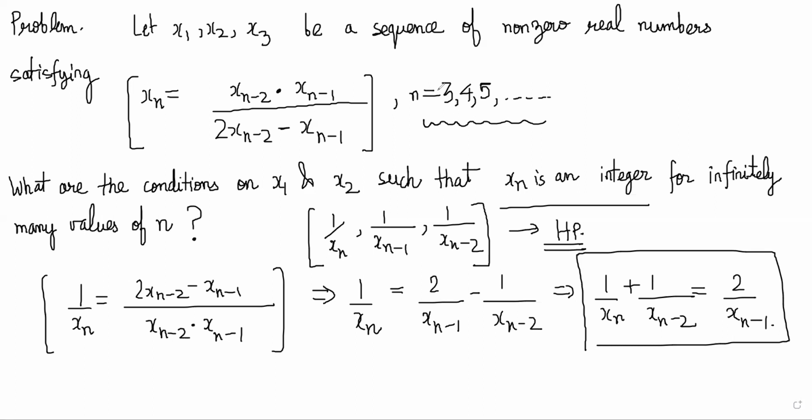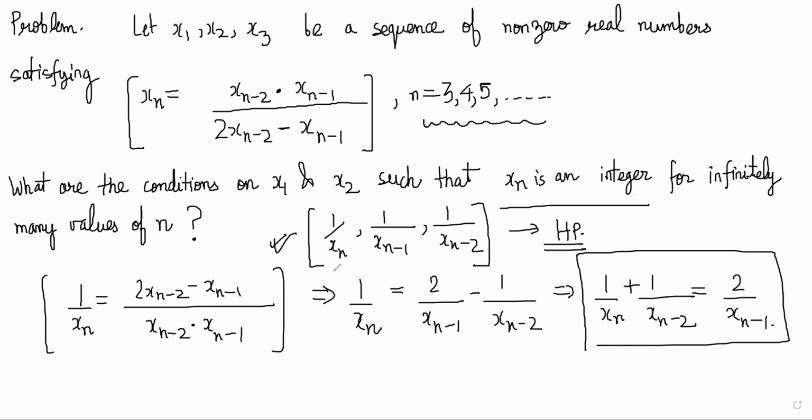Now, I did this, but after this point, it is difficult to come up with a condition such that xn is always an integer. HP doesn't actually give us too many conditions. There is no general formula for an HP nth term. I mean, you can find it using the AP, but you feel like there is no way to progress here, right? This is interesting, but it doesn't lead to a solution.